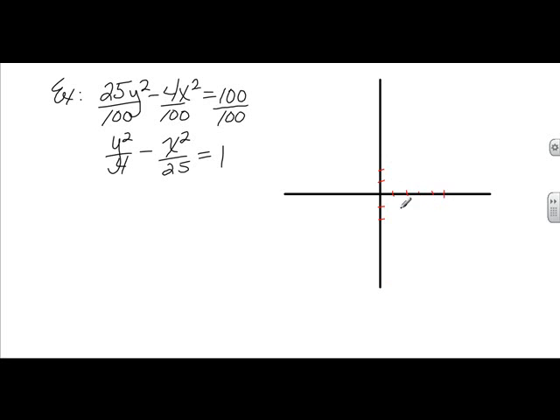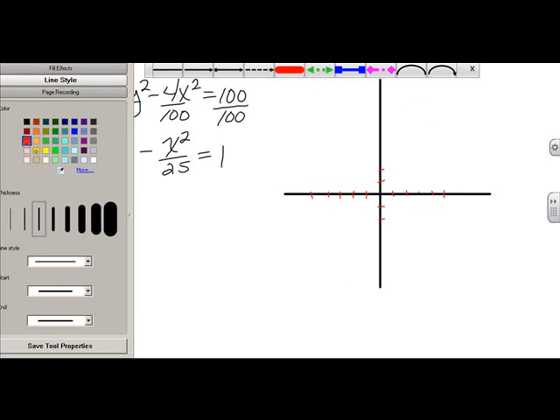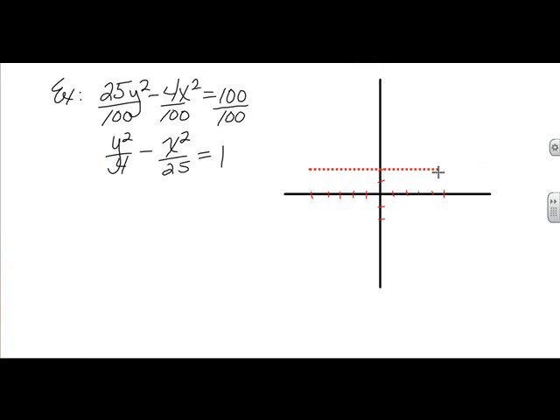And we're going to draw our box that goes through those points. Drawing asymptotes next.